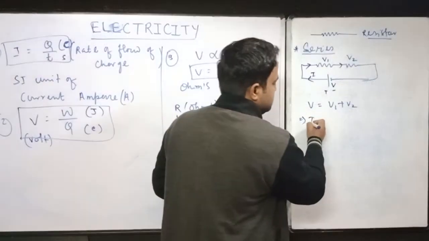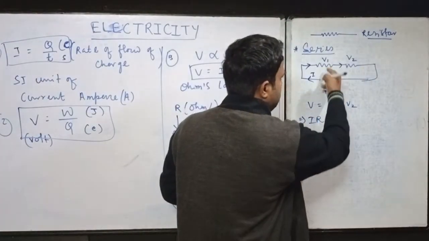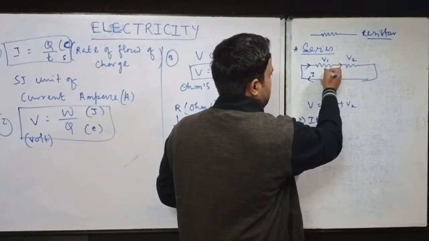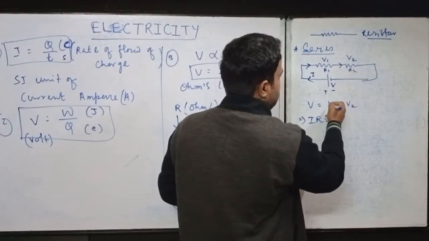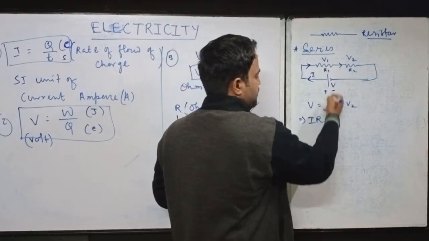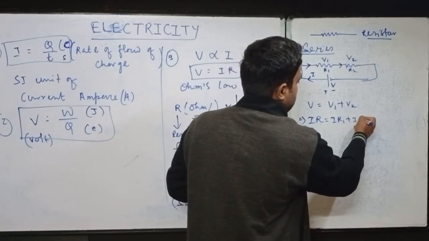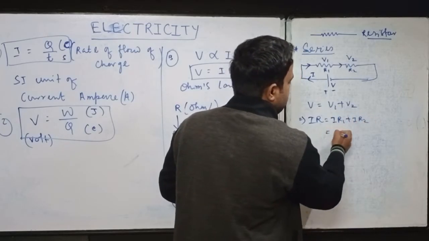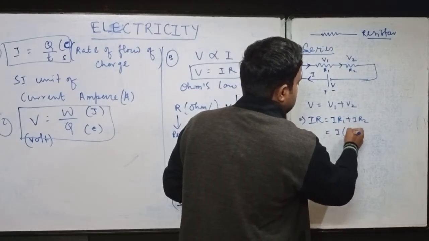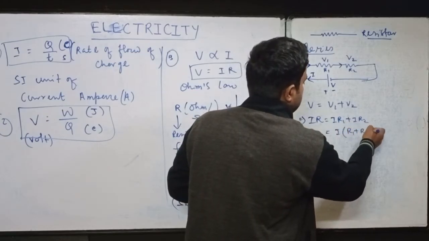So you can write IR equal to V1, where this is R1 and this is R2. V1 you can write, with the same current flowing, as IR1 plus IR2. Now you can take I common, this is R1 plus R2.